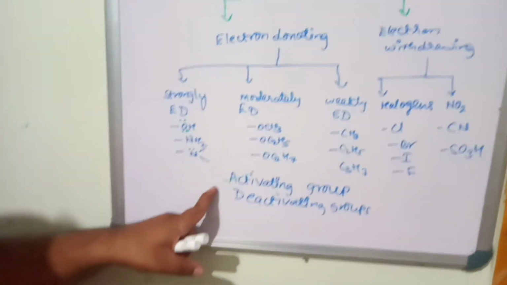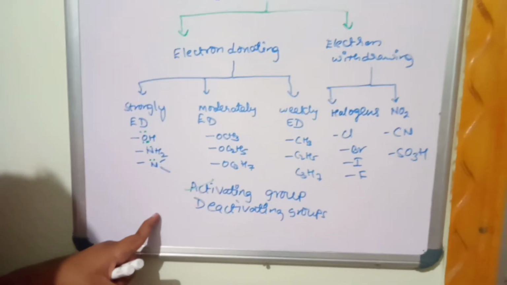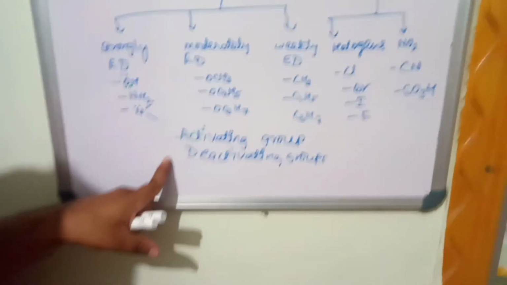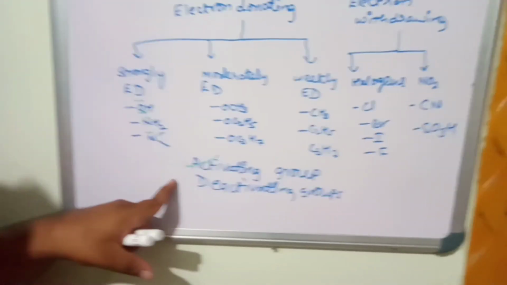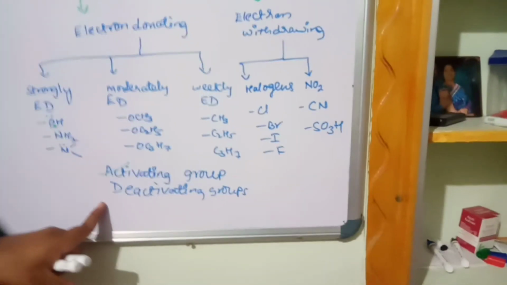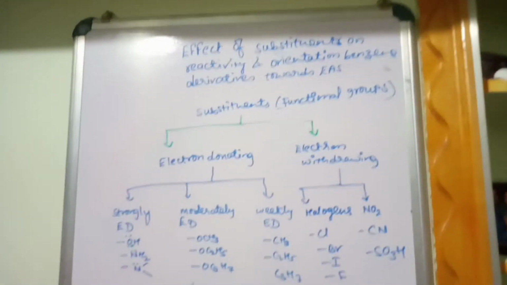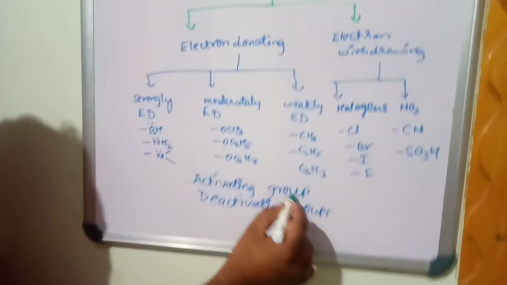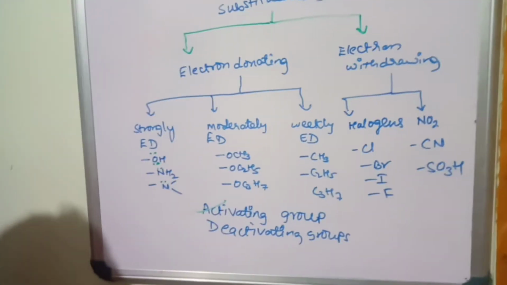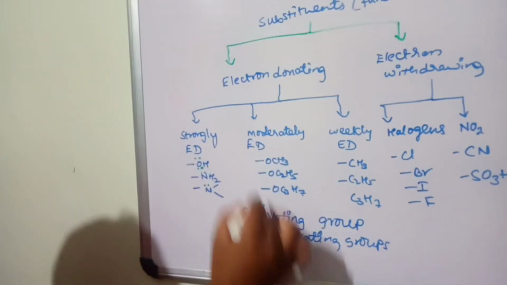So I have said that activating groups are those groups which increase the rate of reaction. To which reaction? Electrophilic aromatic substitution reaction. Now, which type of groups will increase the rate of electrophilic aromatic substitution? That means the effect of substituents. The substituents which increase the rate of reaction are called activating groups.